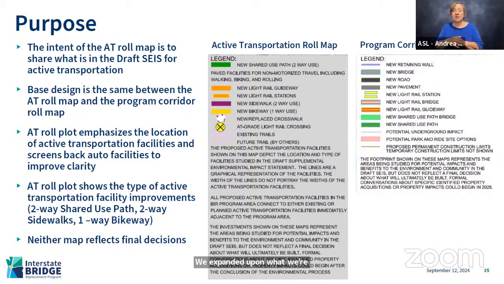We've tried to get into not just identifying shared use paths, certainly the two-way shared use paths, but also where sidewalks are or where bikeways are, without trying to delineate what those bike lanes or bikeways look like at this point. And also highlighting crosswalks and where there are at-grade light rail crossings. We'll get into that, but there are two locations where two at-grade rail crossings show up in the plot.